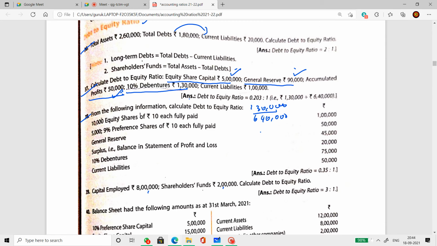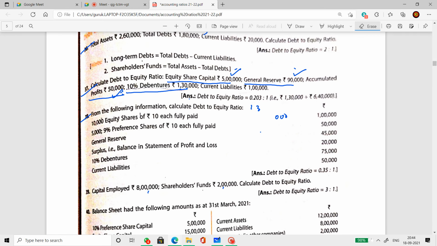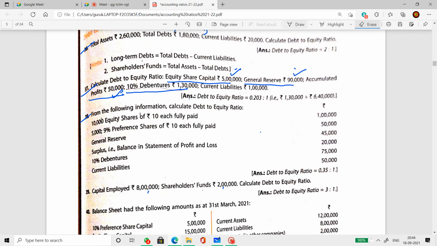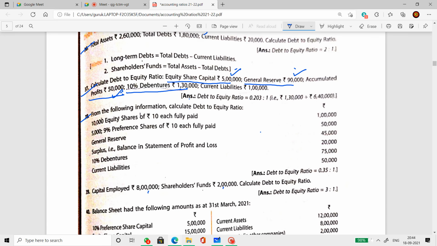Question number 38. Following information, calculate debt to equity. Equity share capital 1 lakh, preference share capital 50,000, general reserve 45,000, reserves, which is profit and loss account balance, and 10% debentures 75,000, current liability 50,000.